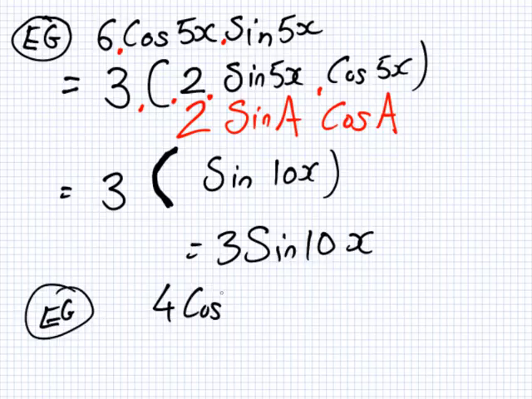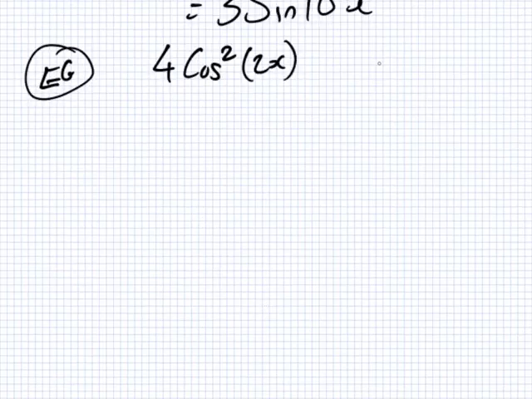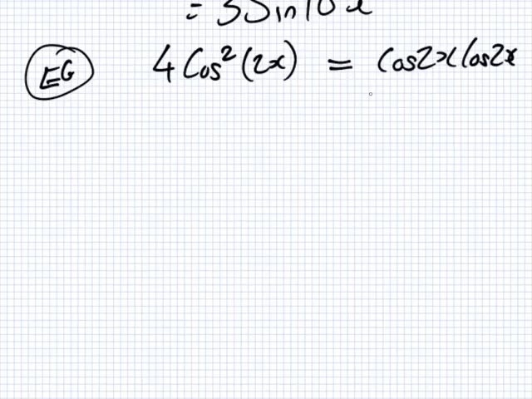For cos squared 2x. Now you actually have many ways to do this one. So look, one possibility is to change this into cos 2x, and then use the cos a plus b formula, because cos a plus b is cos a cos b minus sin a sin b.